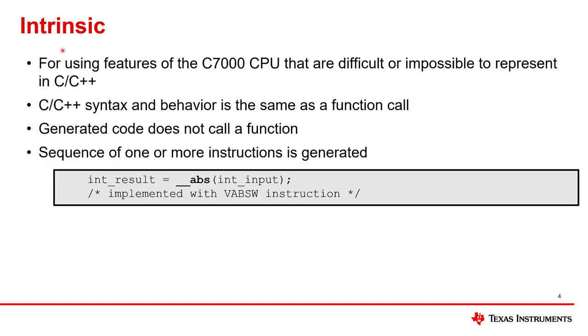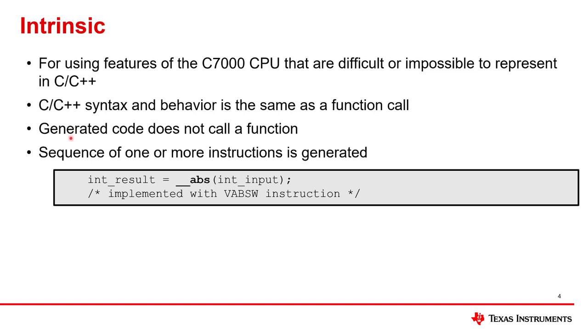The term intrinsic is important in this video, so I'd like to define it. An intrinsic is for using some feature of the C7000 CPU that is difficult or impossible to represent in C and C++. With regard to the syntax and the behavior, an intrinsic acts the same as a function call.